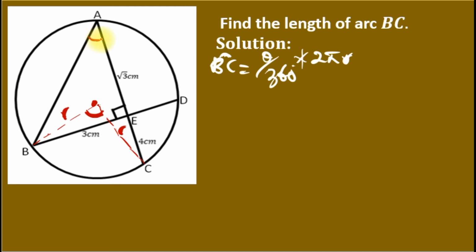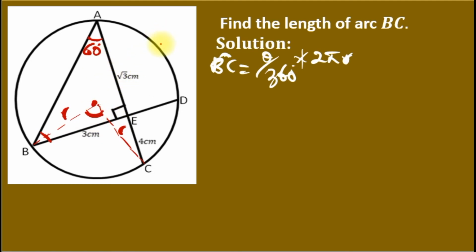Before that, we need to know this, because we are given this side. We are given AE and BE. And without wasting time, this is 60 degrees. Why? Because from the 30, 60, 90 triangle, this is root 3, 3 means root 3 times root 3. So this should be 60 and this is 30 degrees. That's from our 30, 60, 90 triangle theory.